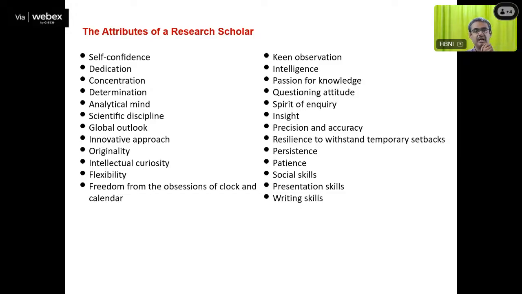This is where I think HBNI's criterion that every year we have doctoral committee meetings helps. Generally while doing research, we lose flexibility. Suppose, myself, we look at the problem in one way.